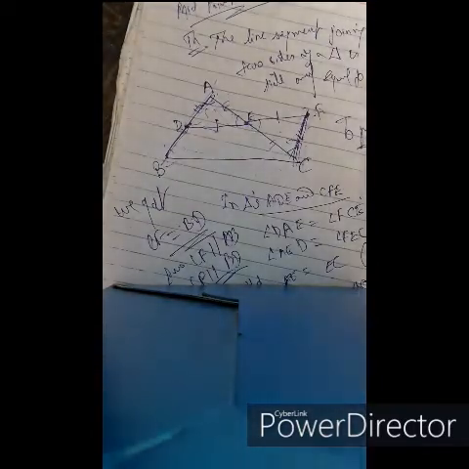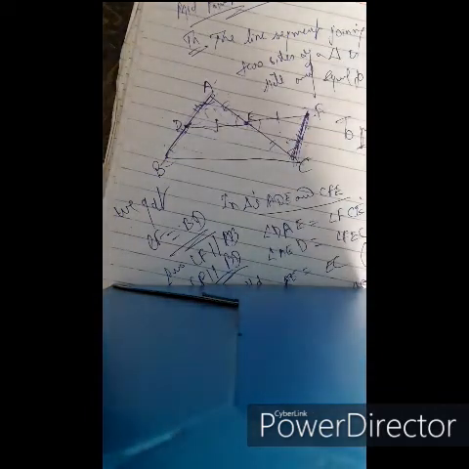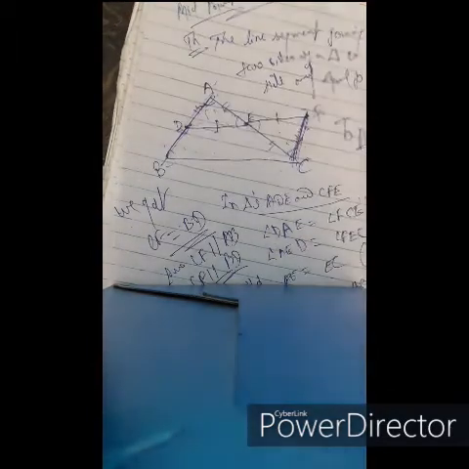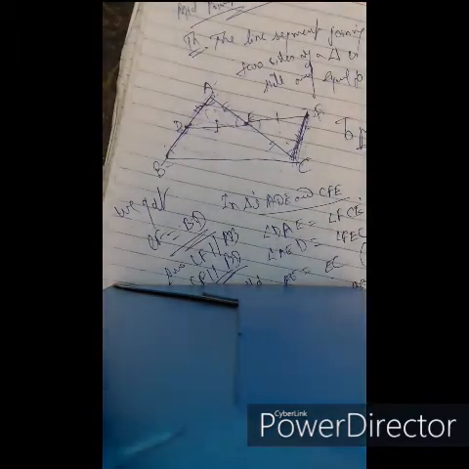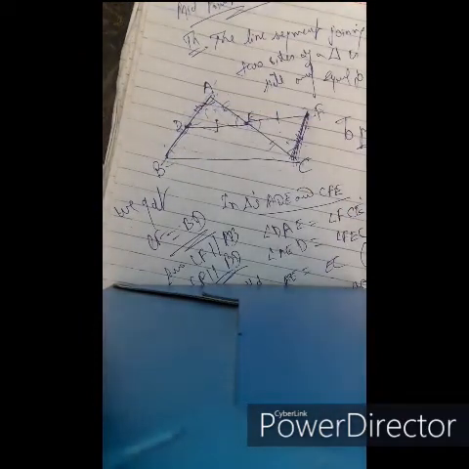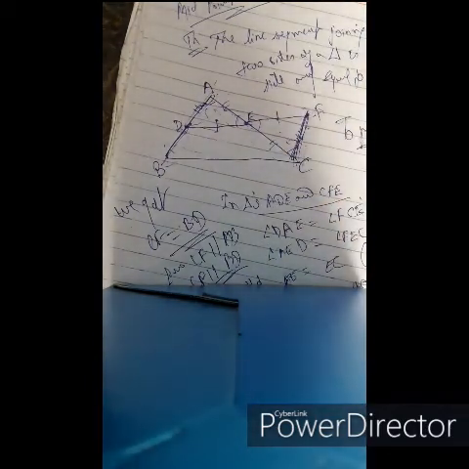And also we have known earlier that CF is parallel to AB, so CF is parallel to BD also. Since CF equals BD and CF is parallel to BD, we get BCFD as a parallelogram. After proving this, we know the opposite sides of a parallelogram are equal and parallel.